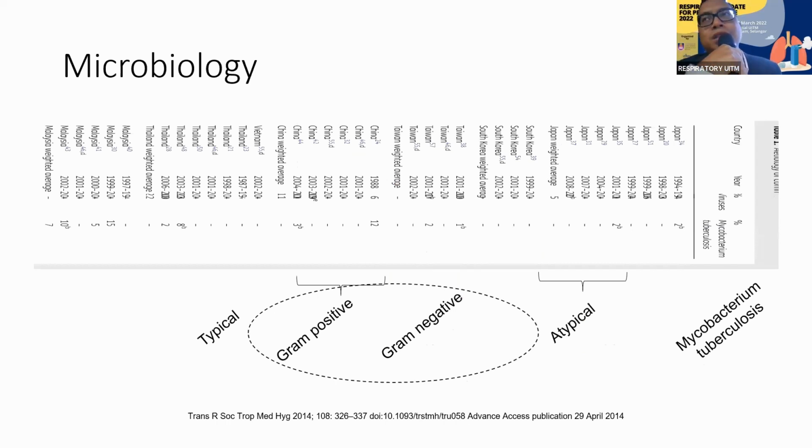So the common organisms in our local population are gram-positive, followed by gram-negative. There are also atypical organisms. Bear in mind, especially in our local community, the incidence of Mycobacterium tuberculosis is also high. So the commonest is gram-positive, followed by gram-negative, atypical, as well as Mycobacterium tuberculosis.